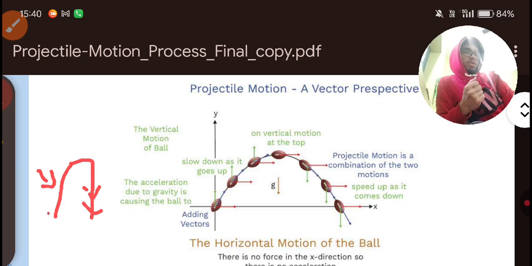At the initial phase, velocity decreases as it goes upward, and at the top, the velocity becomes zero.